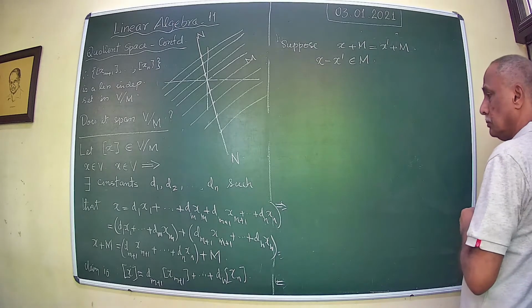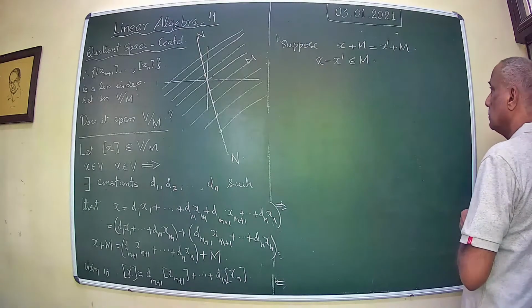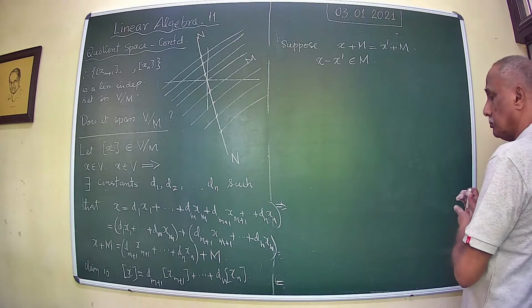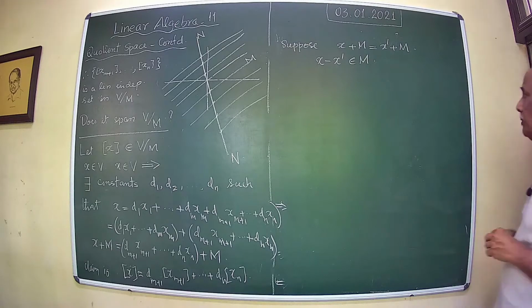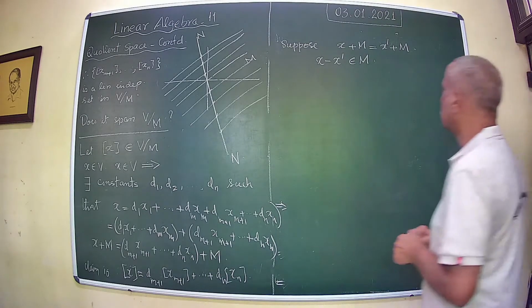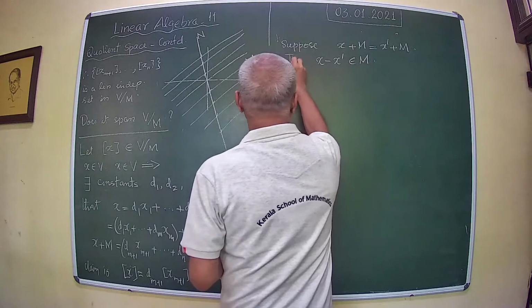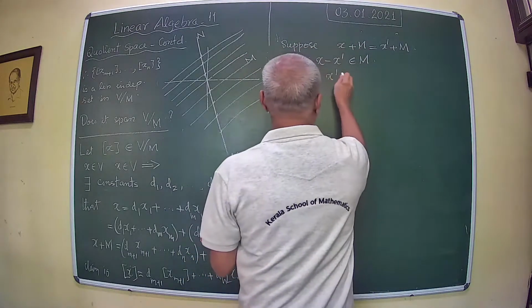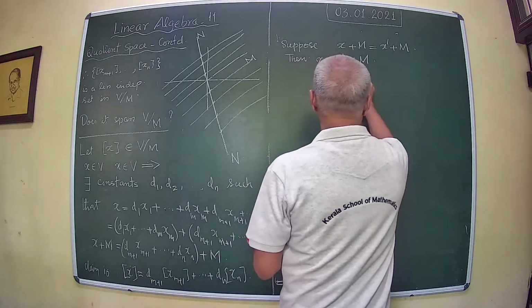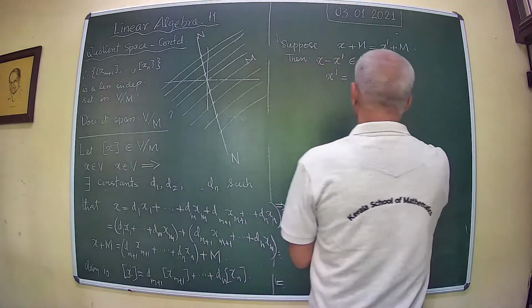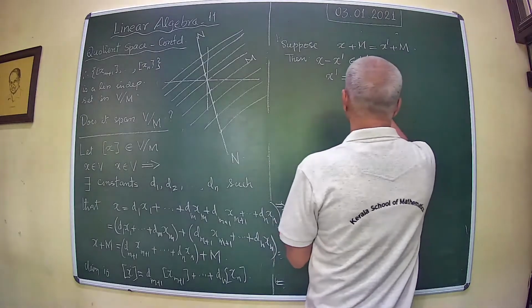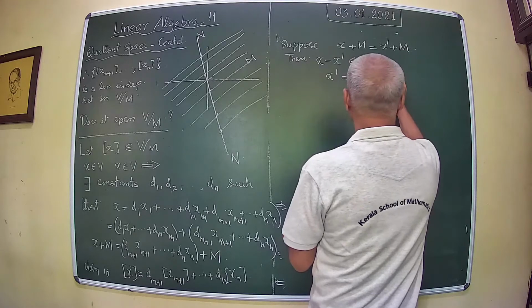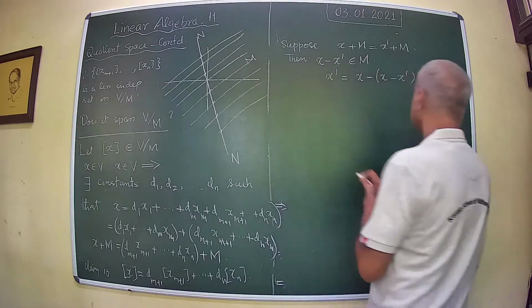Right? x minus x prime belongs to here. Then x prime is equal to x prime.